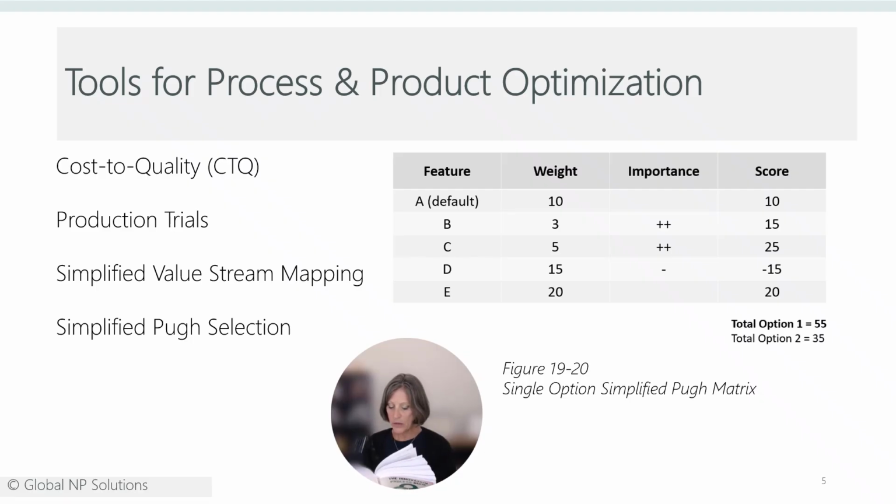In Figure 19-20, a simplified PU matrix shows different options for a single feature. The criteria for the feature are labeled A through E. For example, the feature under consideration may be the volume for an automatic drip coffee maker.